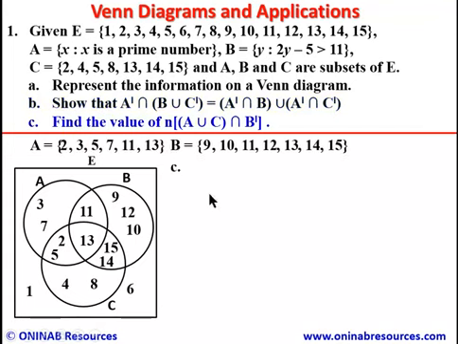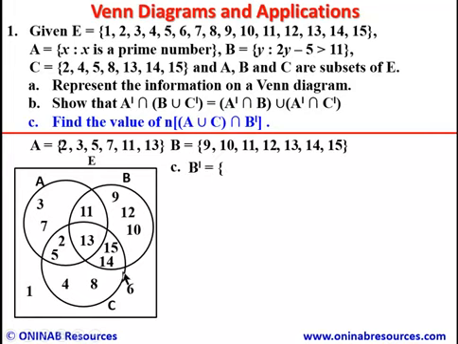So we go to C. For C, we have to find the value of n, that is the number of elements contained in this set we are going to form. So we need a B prime here.